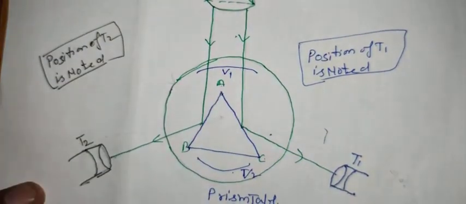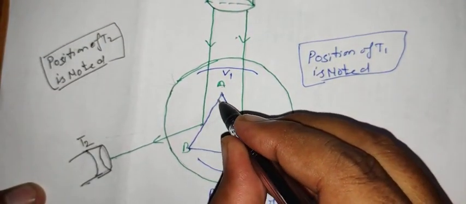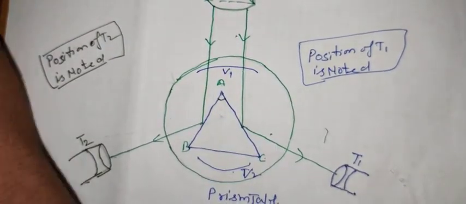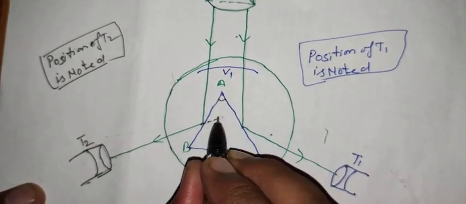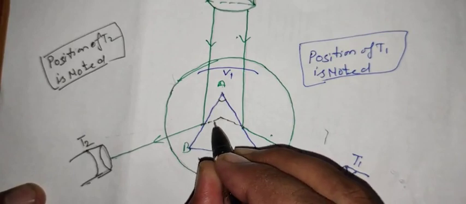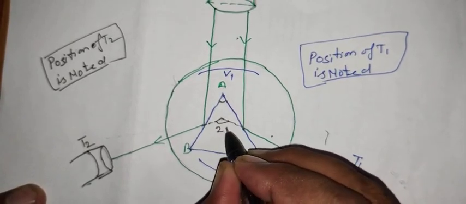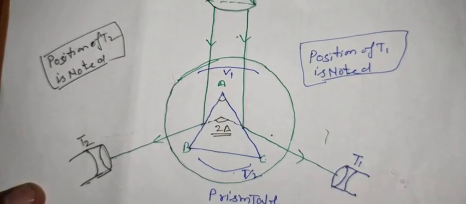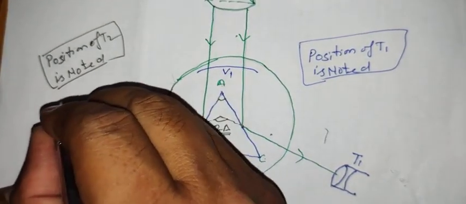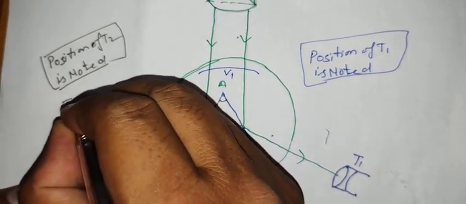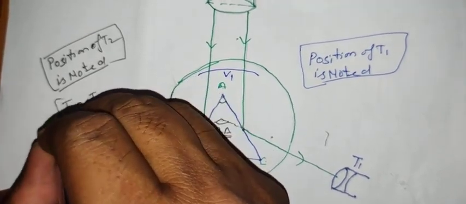Now see carefully here in the diagram. The angle of prism is this. How is it noted? Proceed like this. It is a total of 2A, twice the angle of the prism. So we obtain the difference in the position of the telescope from T1 to T2.